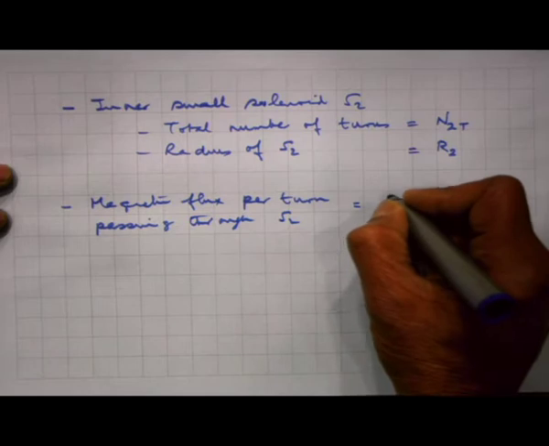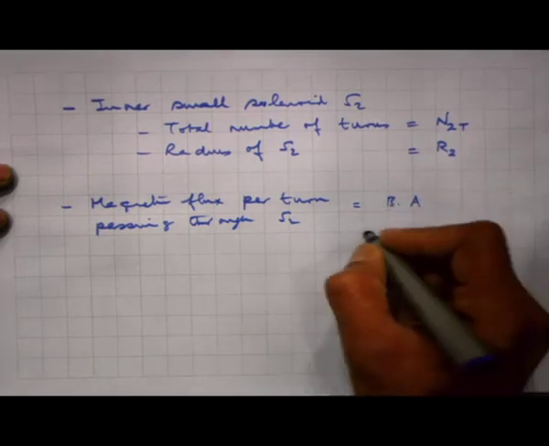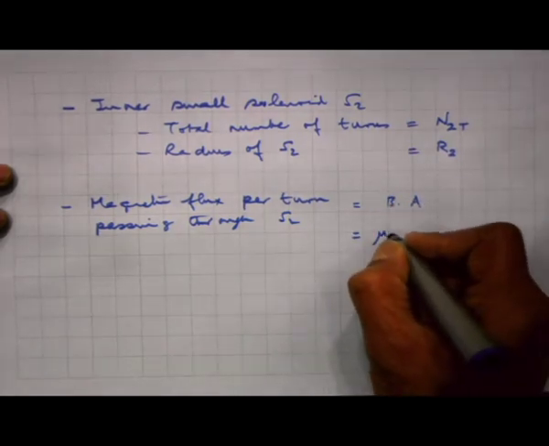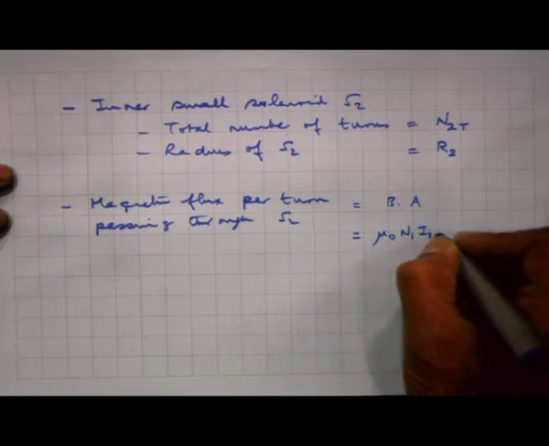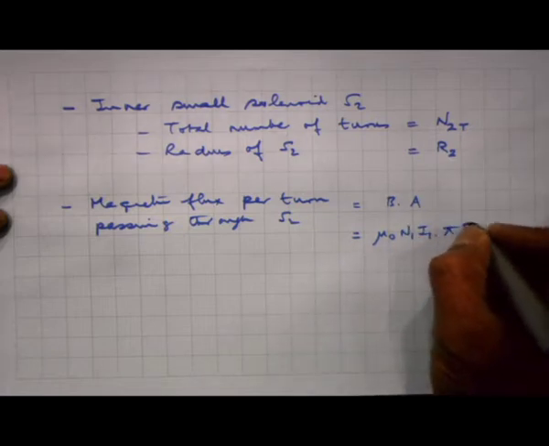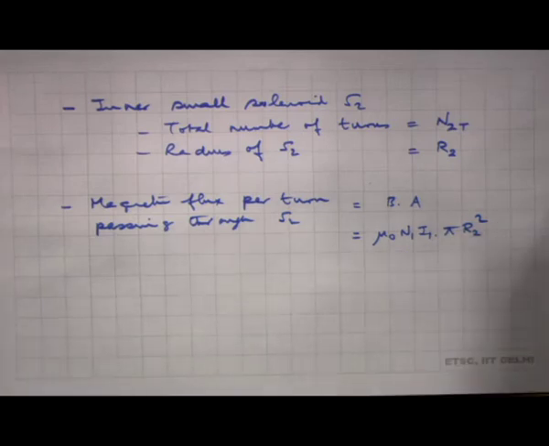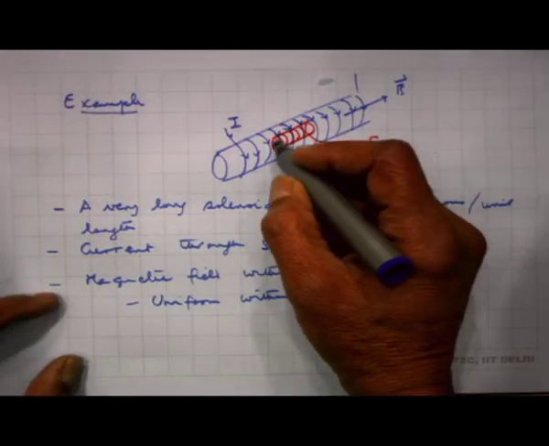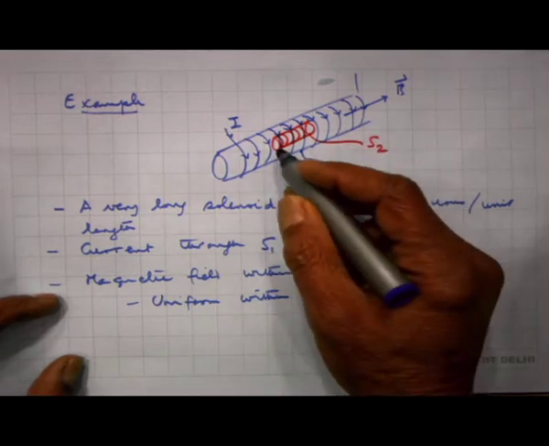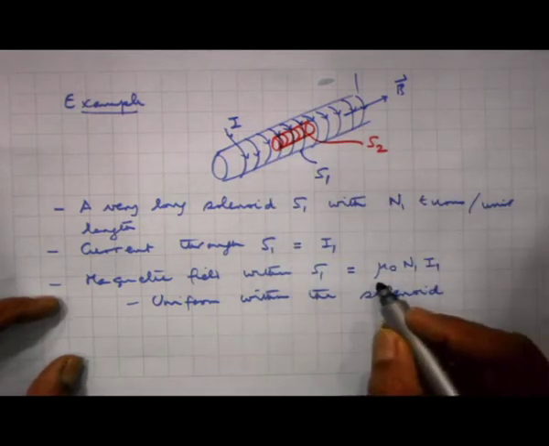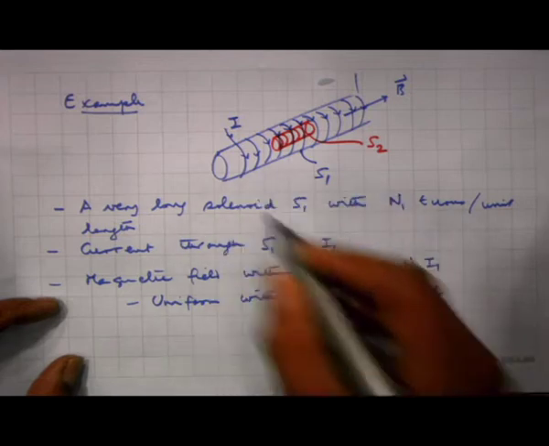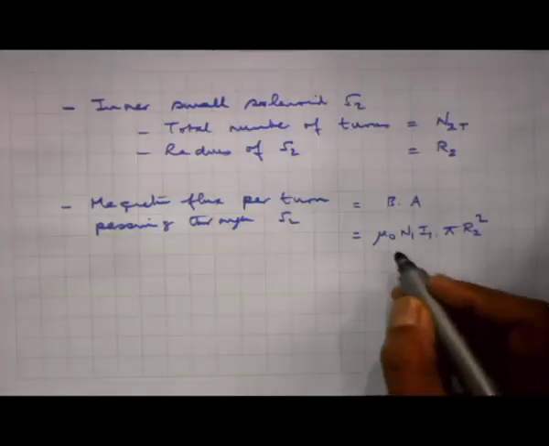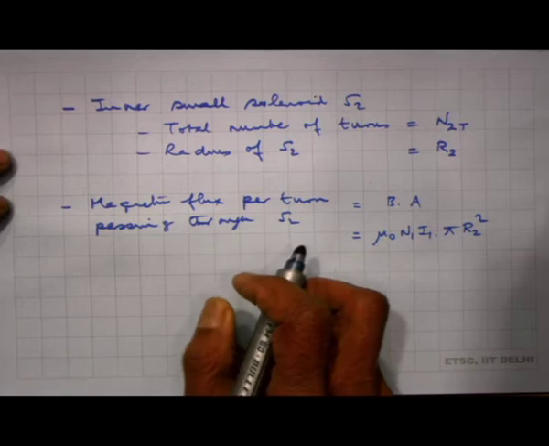It is equal to magnetic field into area, which is mu naught N1 I1 into pi R2 square. R2 is the radius of the inner solenoid, so the area of the inner solenoid is pi R2 square. The magnetic field produced by the outer solenoid within the outer solenoid is mu naught N1 I1. So, mu naught N1 I1 into pi R2 square.